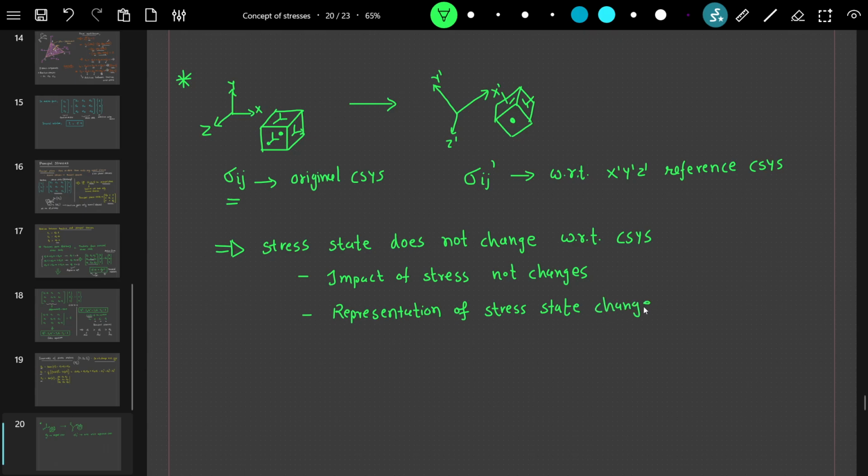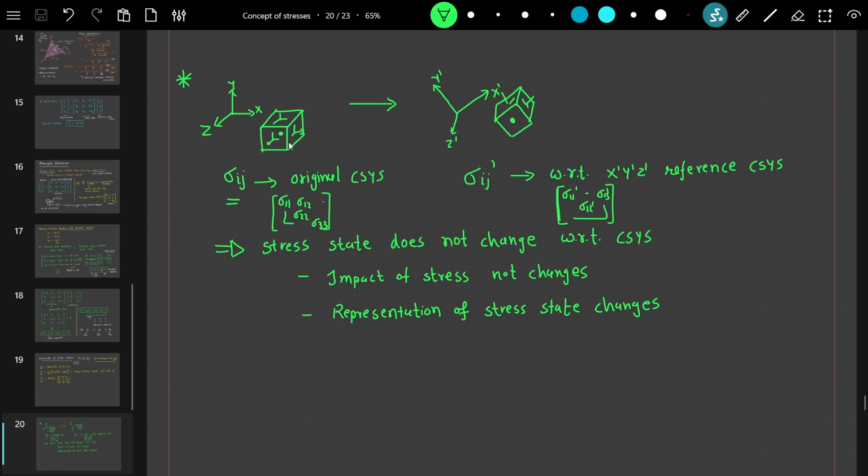That means in this coordinate system we will have particular stress components sigma 11, 22, 33, and in this coordinate system our stress components will be, let's say, some dashed values. That means it is the same stress, but now it is represented in a different coordinate system.